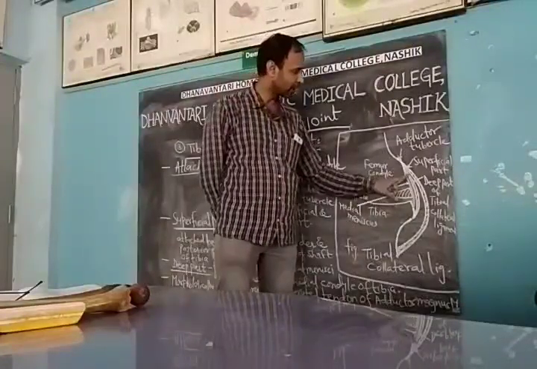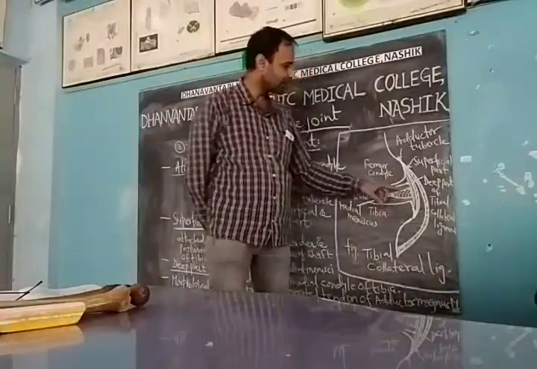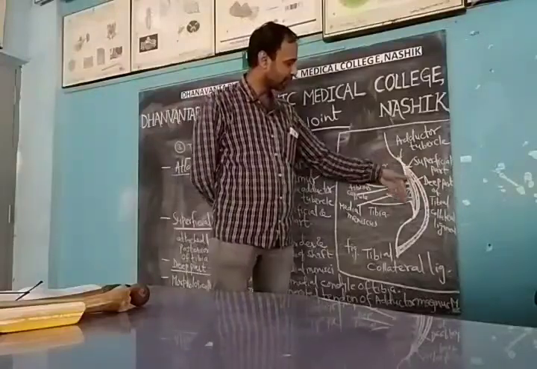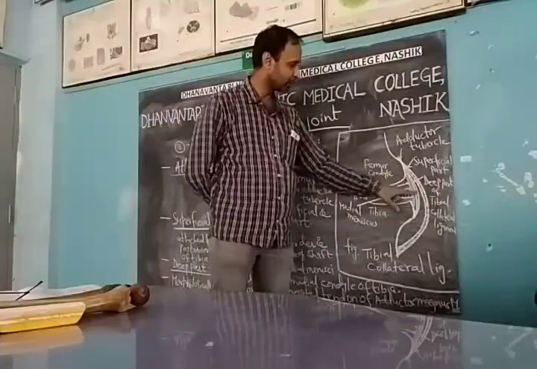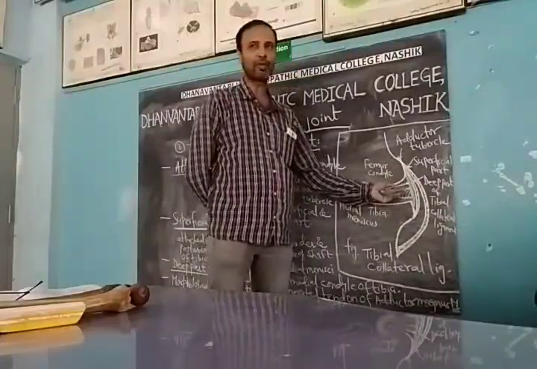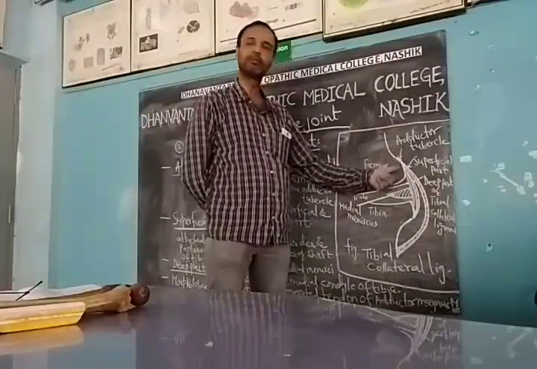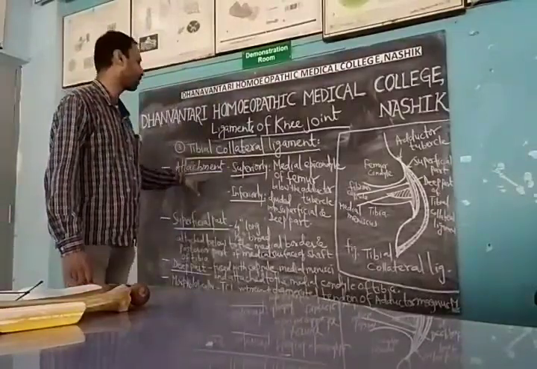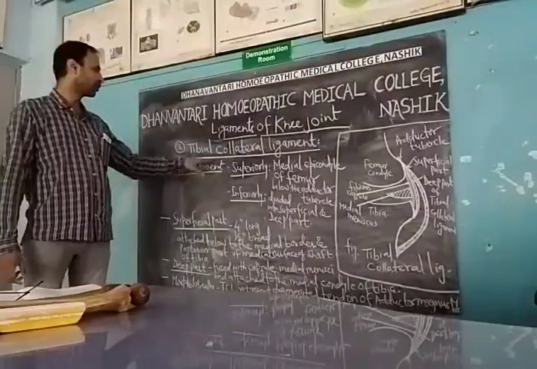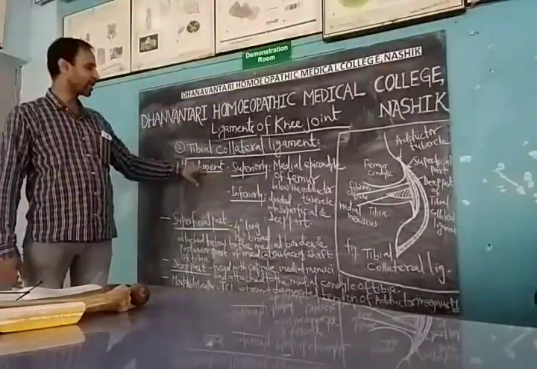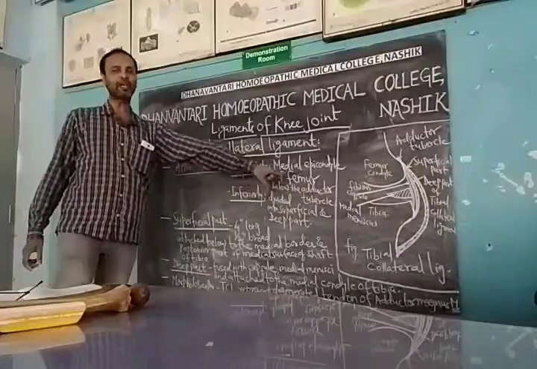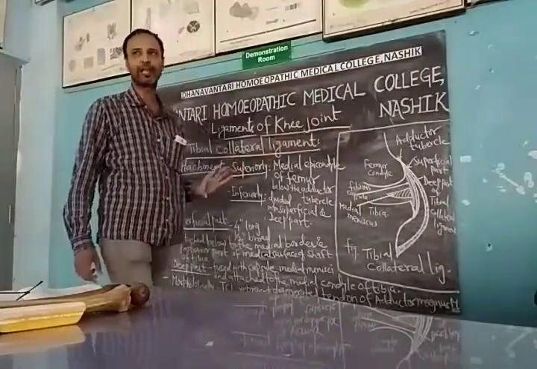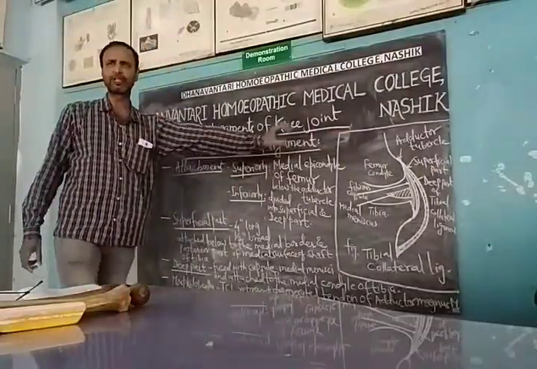Clear? So here on the medial side, these are the two parts we have seen of this medial collateral or tibial collateral ligament. These are the keywords I have already given you, and this is what you have to remember. Superiorly, the tibial collateral ligament is attached to the medial epicondyle of the femur below the adductor tubercle, as shown in the diagram. This diagram is very simple; you only have to draw this line diagram.